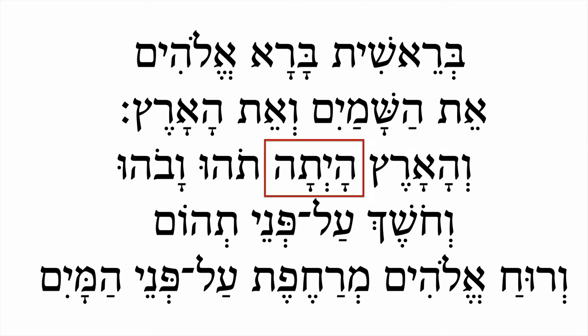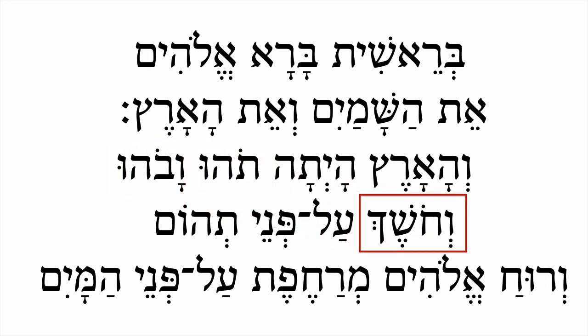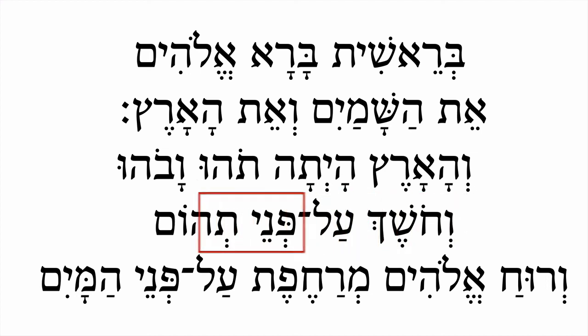Hayta, was tohu vavohu, formless and void. Vechoshek, and darkness, al paneh, upon the surface, tehom, of the deep.